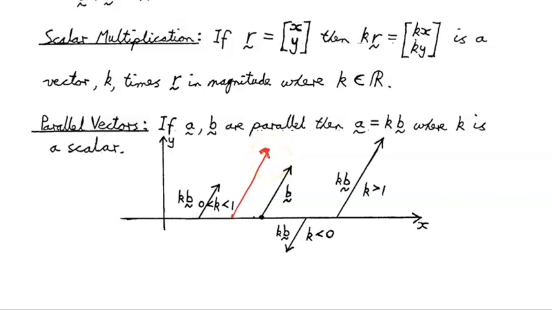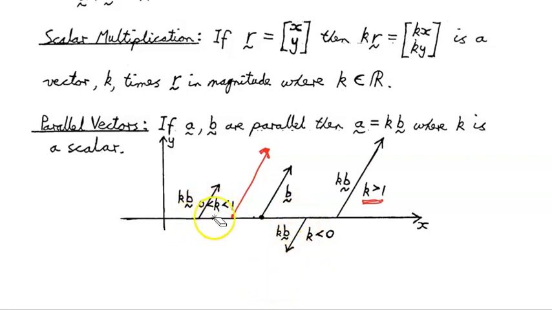If k is greater than 1, then this vector k times b will be longer than b, and a will be pointing in the same direction. If k is between 0 and 1, then k times b will be smaller than b. All these vectors are parallel to b; all that's changing is the constant. If k is negative, then it's going to point 180 degrees in the opposite direction.